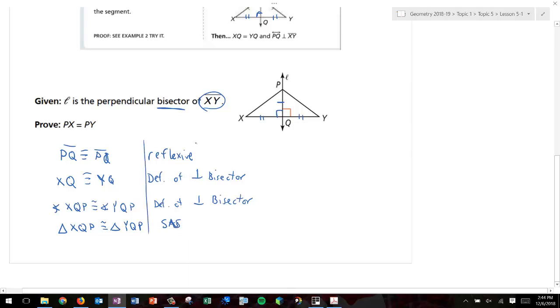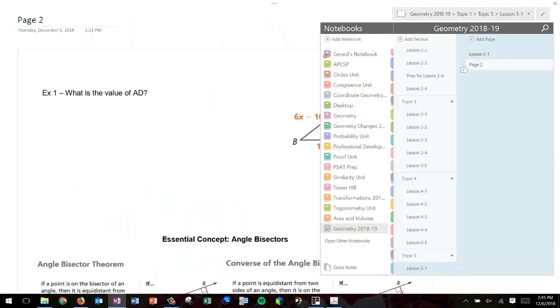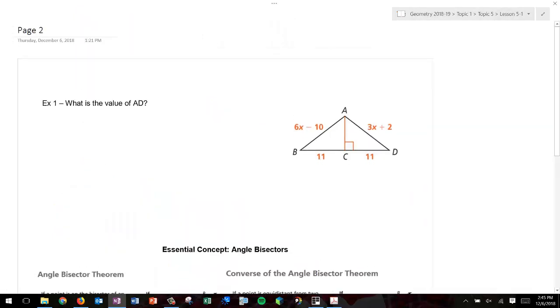And since I know that those are going to be congruent, then I automatically know that PX is congruent to PY by CPCTC. So it's a little bit of what we just did just to showcase that. Now, what that gives us is the ability to do a little bit of solving, like we have here.